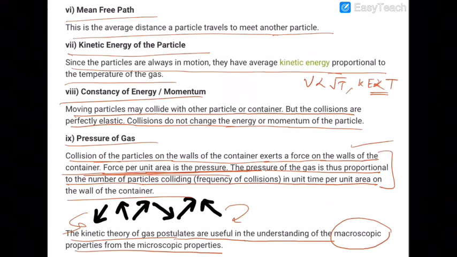Microscopic things we can't see, but macroscopic we can see, observe and note down. Macroscopic properties can be observed and recorded. Microscopic properties are non-observable, but the kinetic theory of gases gives us the microscopic properties, by using which we can get nearly the exact macroscopic properties.